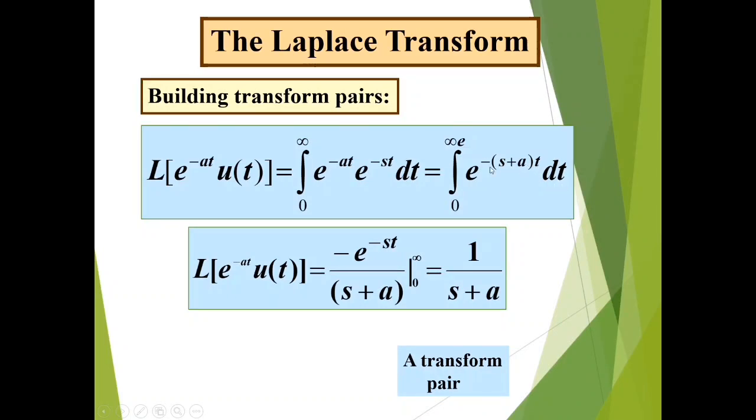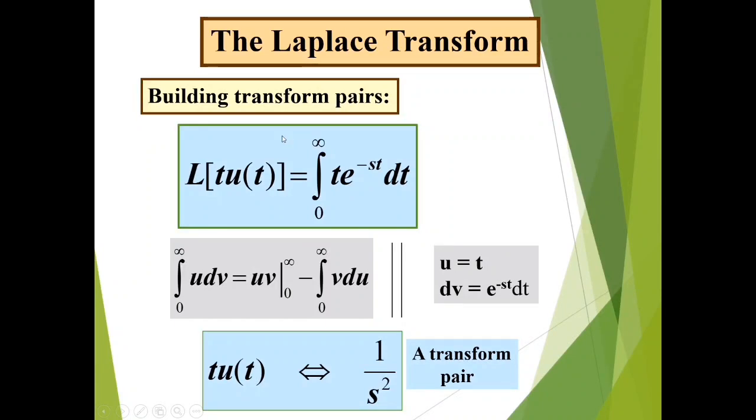When we integrate, we get minus e power minus st divided by s plus a, with the limit from 0 to infinity. Applying the upper and lower limits, we get 1 by s plus a. So L of e power minus at u of t and 1 by s plus a are a transform pair.